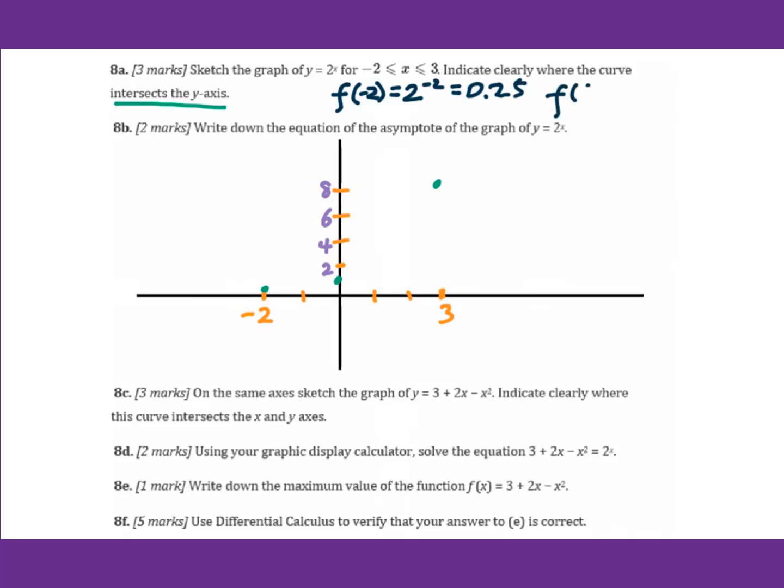When f of 3, you will get 2 to the third power equals 8. F of 0, you will get 2 to the 0 power equals 1. Therefore, you get these 3 points, then connect them.